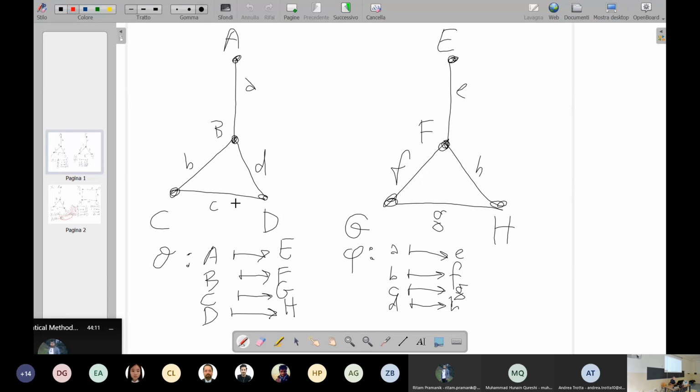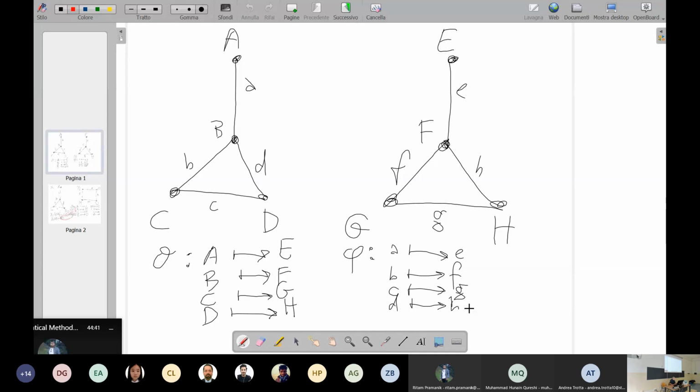Small c, what are the ends of small c? Capital C, capital D. What's the corresponding edge here of small c? Small g. What are the ends of small g? Capital G, capital H. But capital G, capital H are exactly theta of capital C, theta of capital D. So the condition is respected. Small d, what are its ends? Capital B, capital D. What is phi of small d?